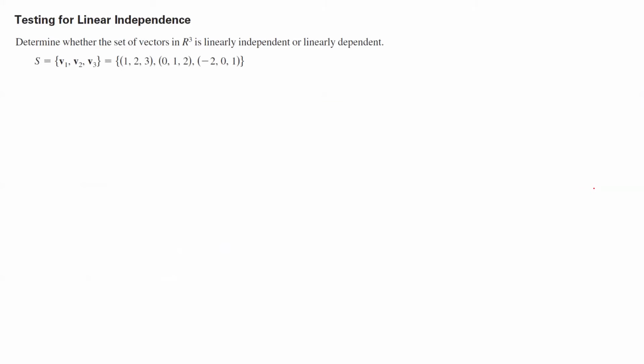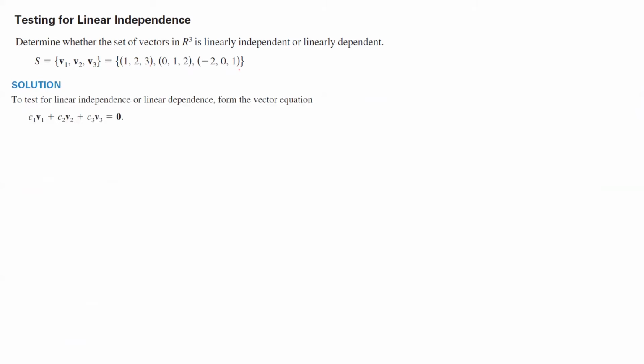Testing for linear independence. Determine if the following set is linearly independent or linearly dependent in the space. The set has vectors v1, v2, v3, which are (1, 2, 3), (0, 1, 2), and (-2, 0, 1). So let us begin, everybody.